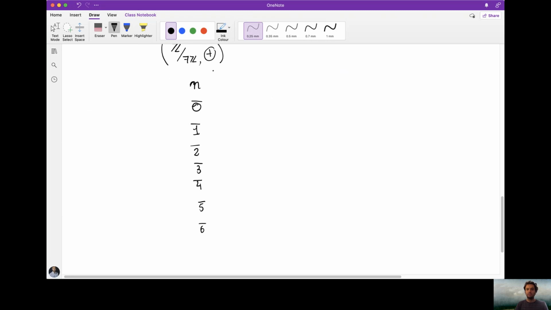So here we have all the elements modulo 7, right? And we're going to see what happens when I start composing 0 with 0. So 0 plus 0 one time, if I do it twice, 3 times, 4 times, 5 times, and 6 times at most, right? There are 7 elements, so 7 times at most.